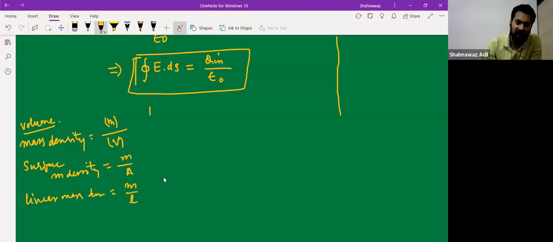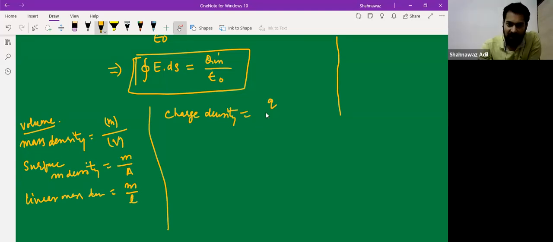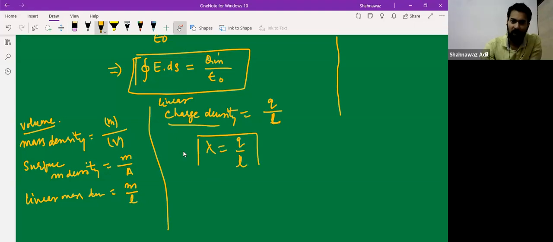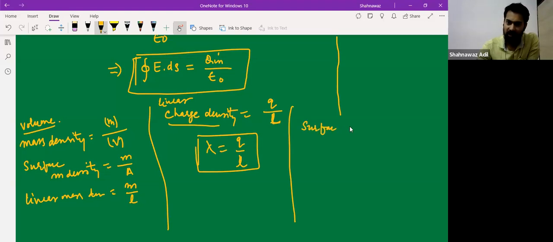Similarly, you have charge density, which means charge will be in the numerator. If you have the linear charge density, this would be Q by L, represented by lambda, so lambda is Q by L. The surface charge density is represented by Q by area, and this is represented by sigma.